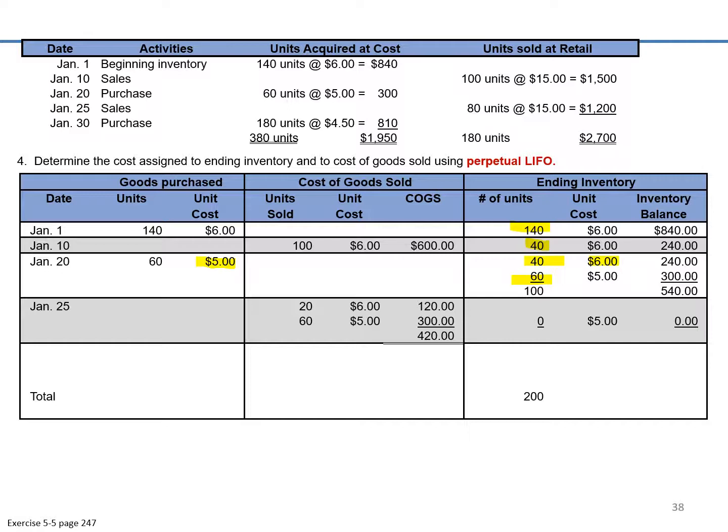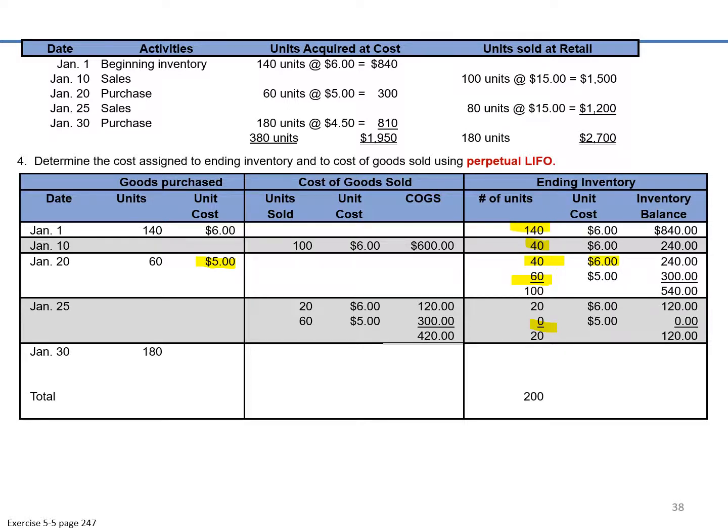Okay, so now we have 0 left at our $5 price point because we sold all 60 here. We had 40 at our $6 price point, but we sold 20 of those, so now we have 20 left. So our ending inventory is 20 units, total $120 balance.